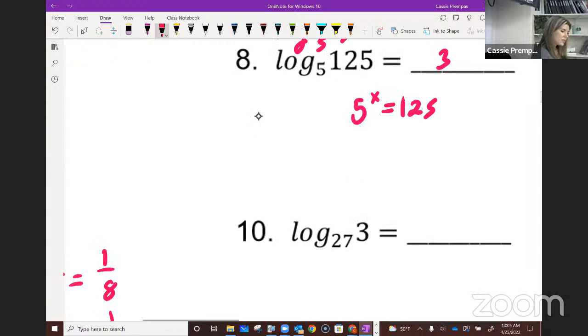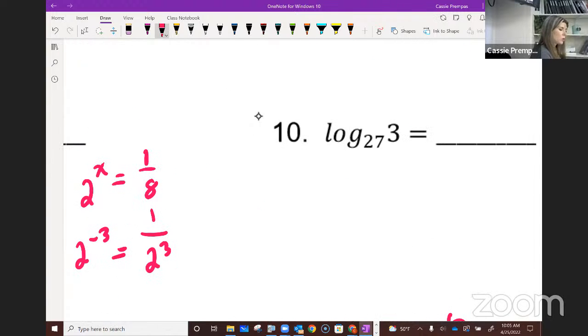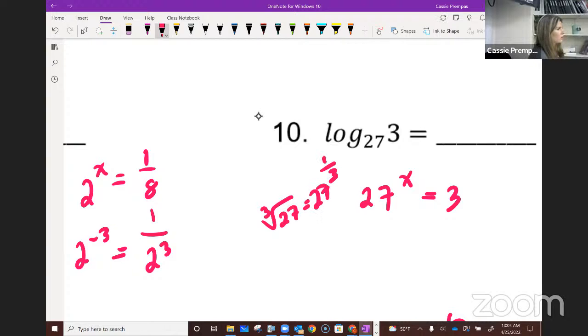Number 9 we did together. Number 10. 27 raised to what power will give you 3? So you want to think, yes, 1/3, because the cube root of 27 is 27 to the 1/3 power. So in this case, the answer is 1/3 because of really that fact.